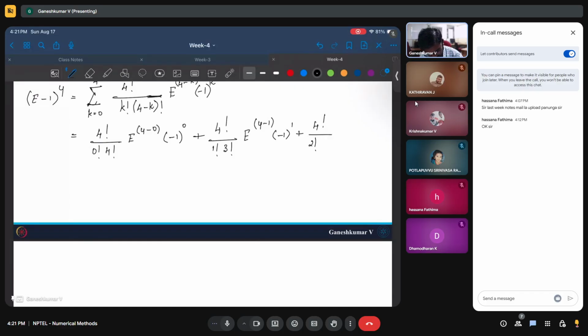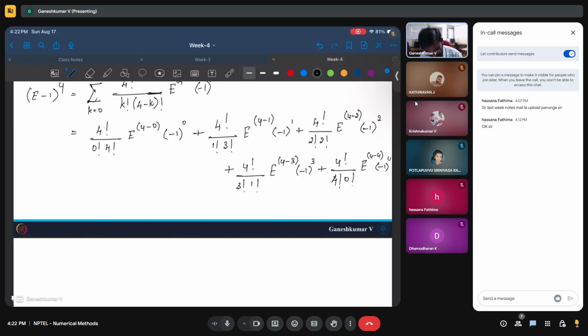So this is going to be 2 factorial e^(4 − 2) (−1)^2 plus 4 into 3 and 1 e^(4 − 3) (−1)^3 plus 4 into 4 factorial 0 factorial e^(4 − 4) (−1)^4.